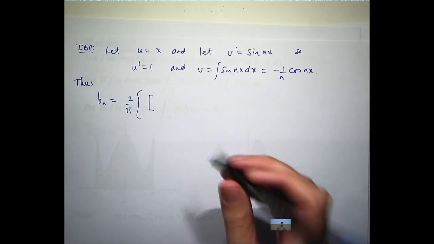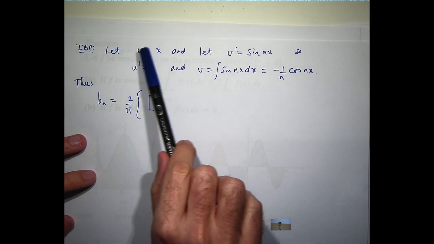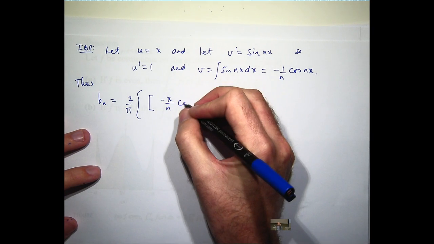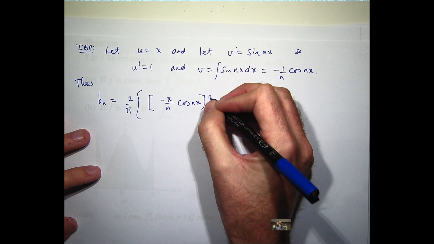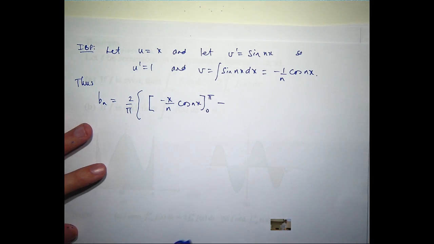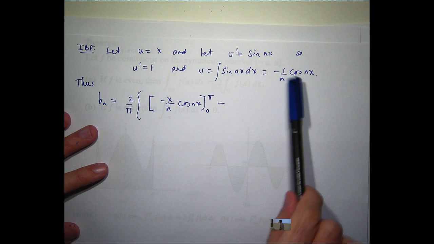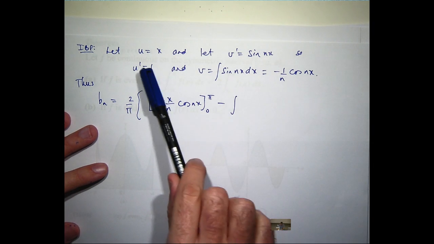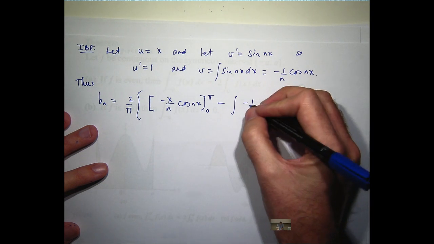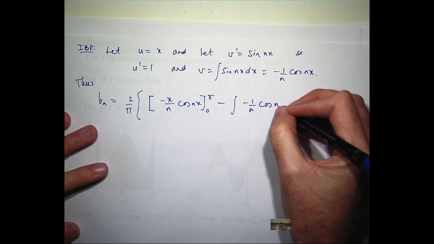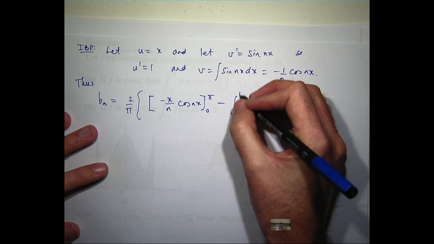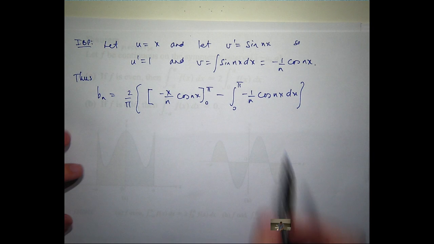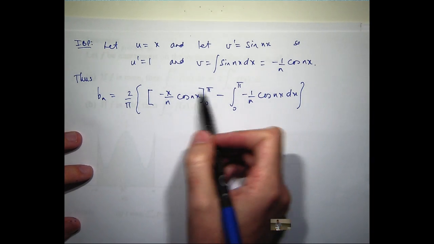It's going to be u times v, which is just that times that, minus the integral of the product that we just thought up, these 2 functions. So it's going to be the integral of this times this, which is just there we go. Okay, so now I can integrate this and, of course, plug these things in here.